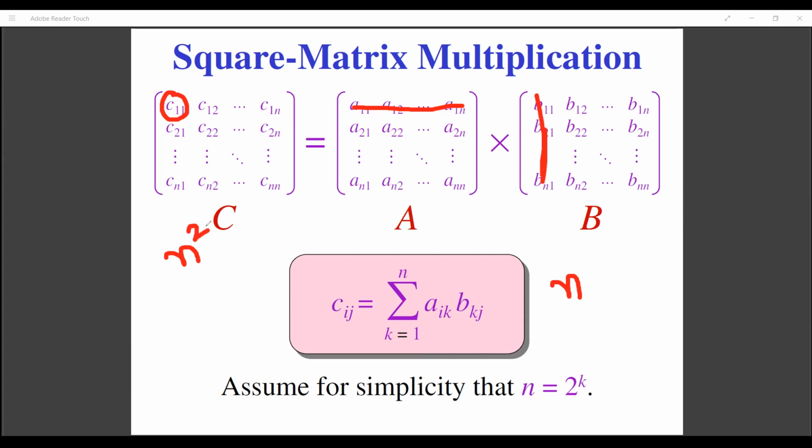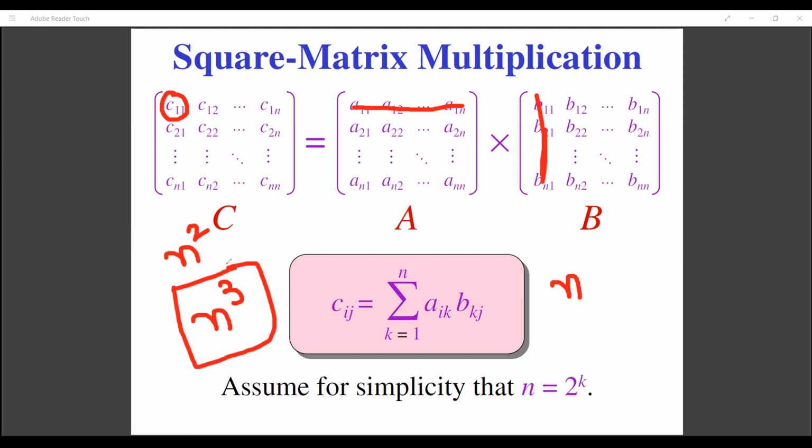Therefore, the total number of multiplications is n cube: for each element we have to perform n multiplications, and the number of elements in the resultant matrix is n square. So to get the resultant matrix, we have to perform n cube multiplications.